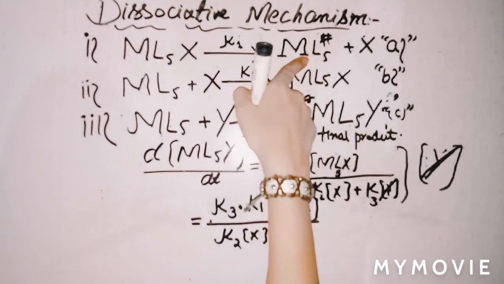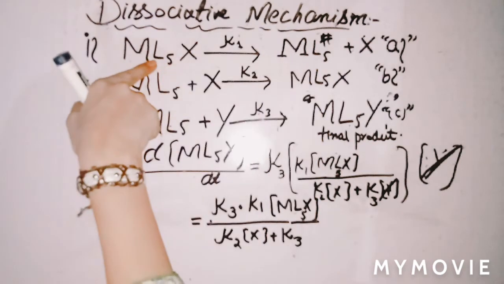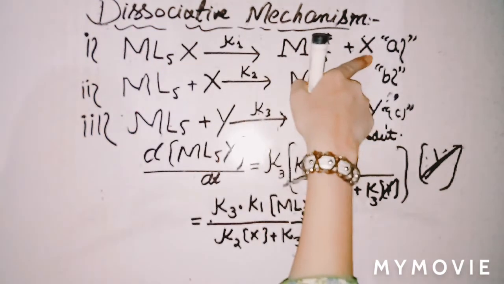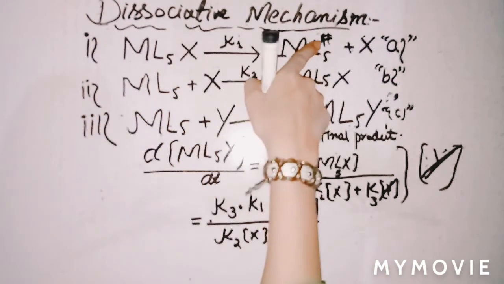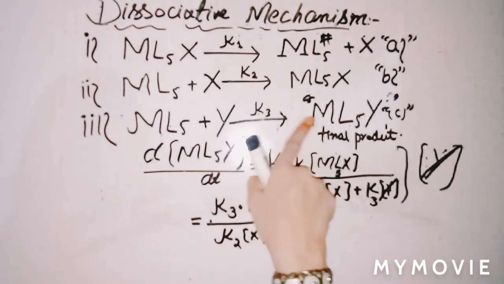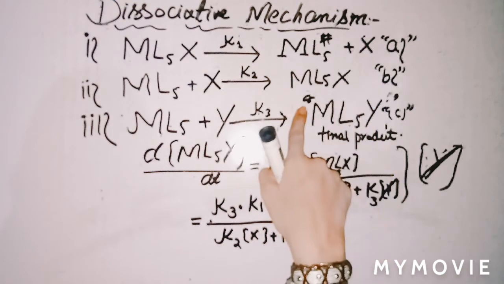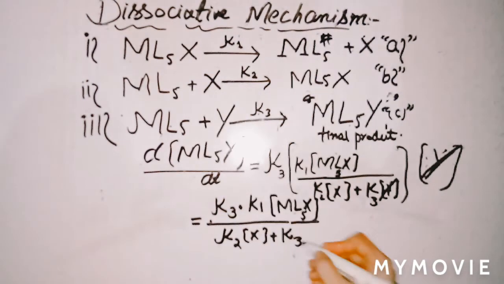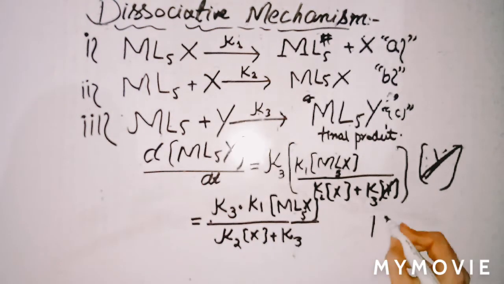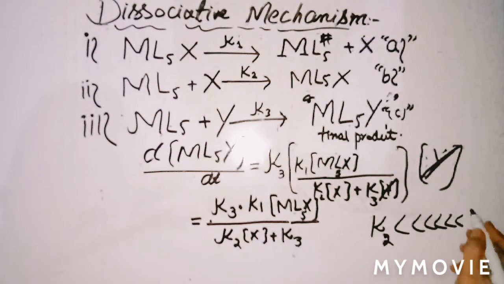The formation of the coordination complex by the attack of the leaving X group is less possible as compared to the formation of the ML5Y substituted complex. So the K2 value will be less than the K3 value, and that will be neglected.